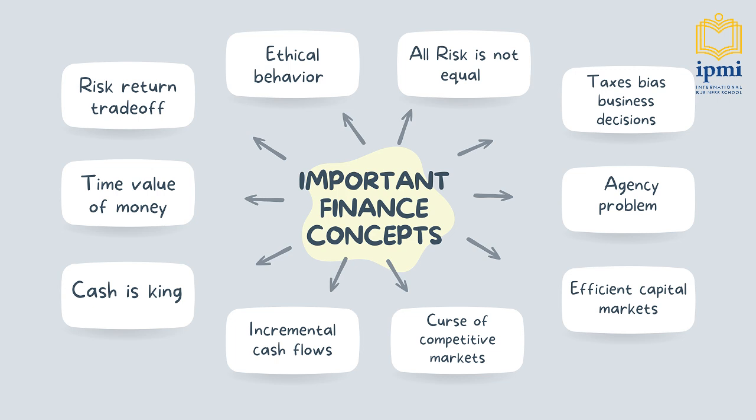Here are some important finance ideas you need to know. Risk-return trade-off, time value of money, cash is king, incremental cash flows, costs of competitive markets, efficient capital markets, agency problems, taxes bias business decisions, all risk is not equal, ethical behavior.